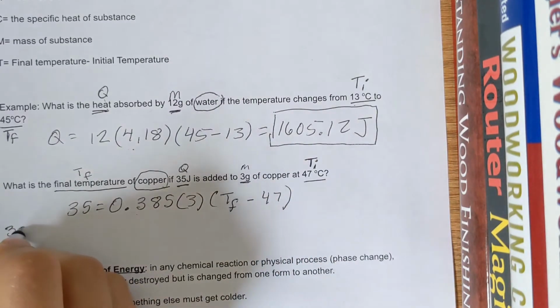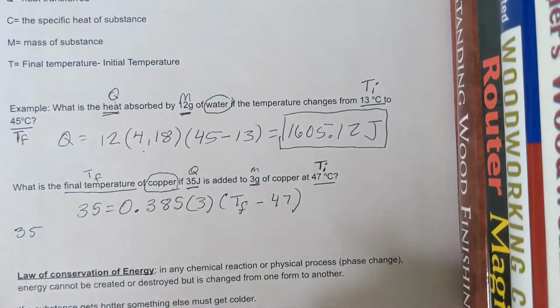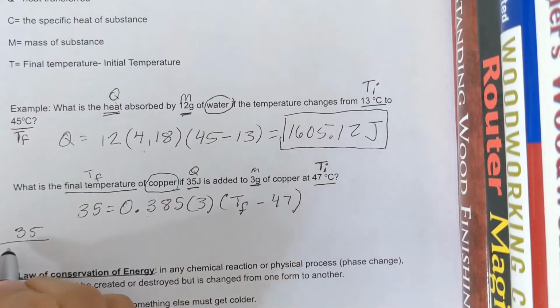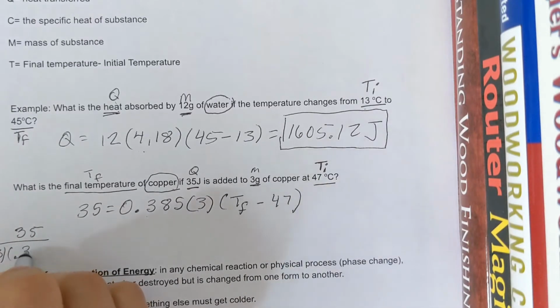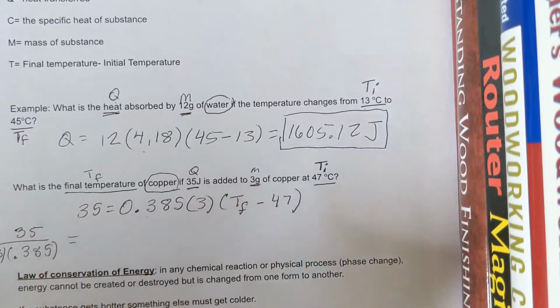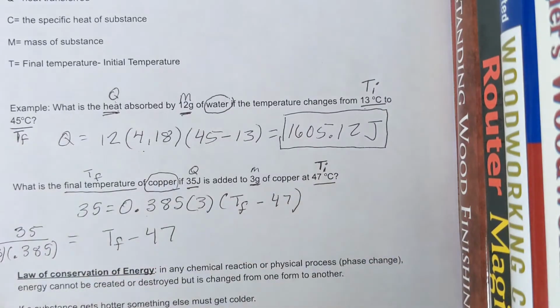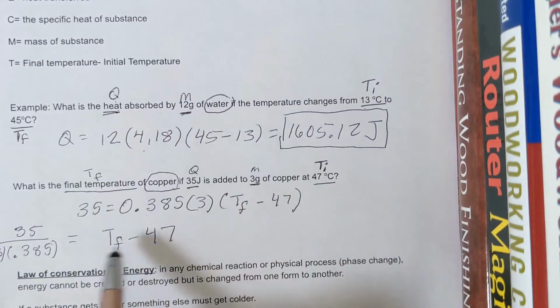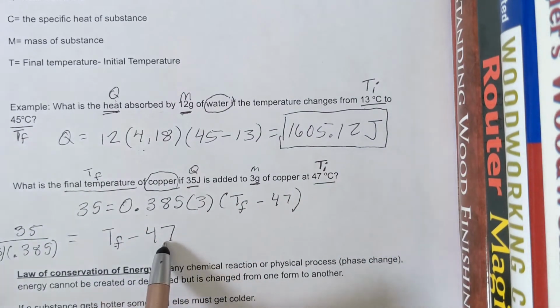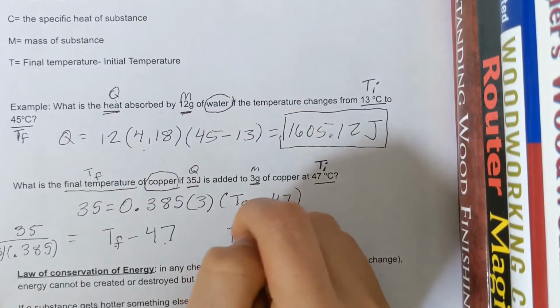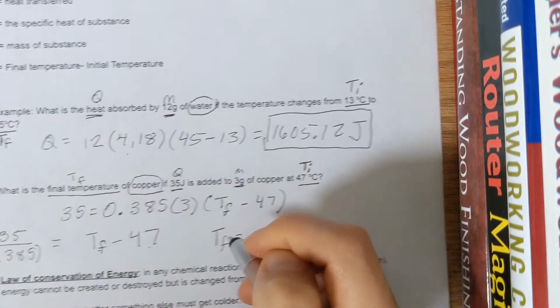So you would have 35 divided by 3 times 0.385 is going to equal TF minus 47. Okay, so then to get TF by itself, you have to add 47 to both sides. So that's a calculator. You might have to play around in your calculator to get that one right.